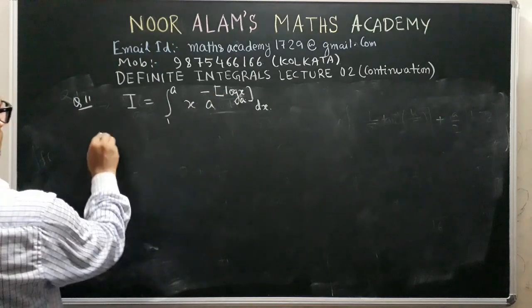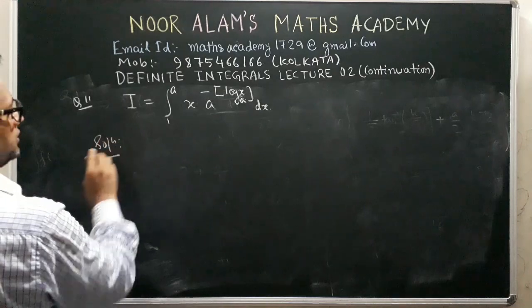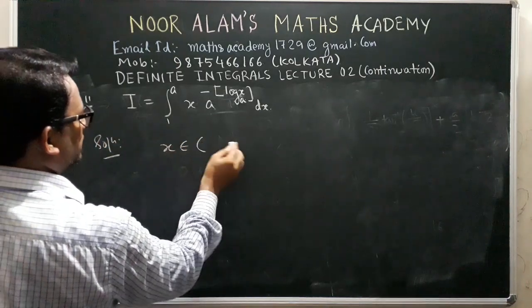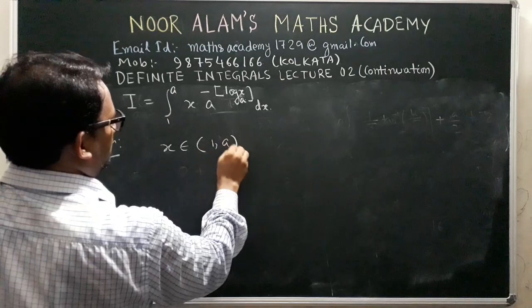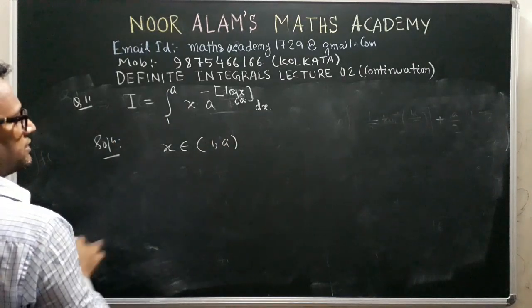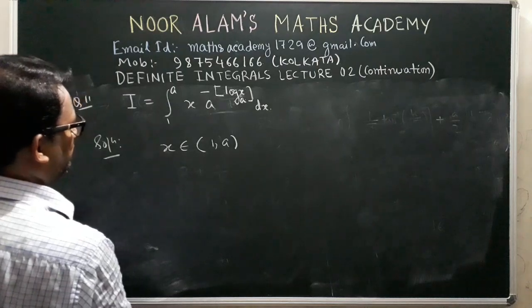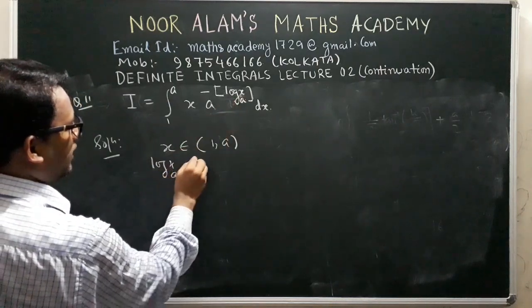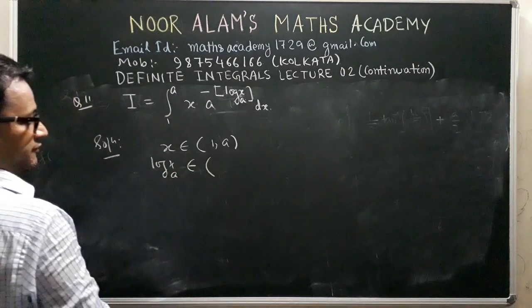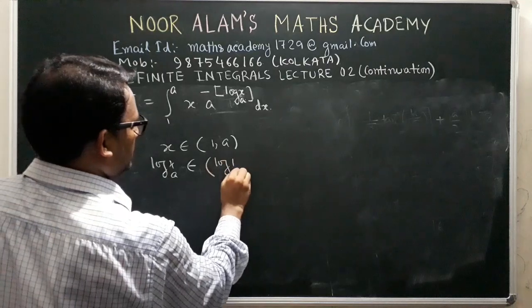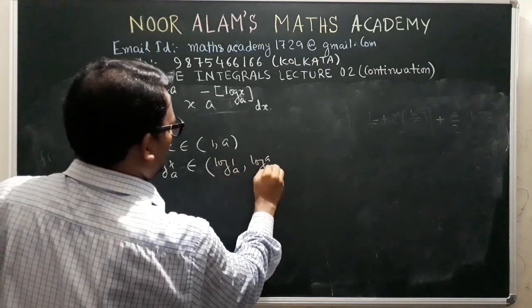So now you see that the value of x is from 1 to a. So you can write x belongs to 1 to a. You can take open interval or closed interval. In case of integration, it does not make any difference. But you have to find log of x base a, and we know that log is an increasing function. So you can write log of 1 base a comma log of a base a.